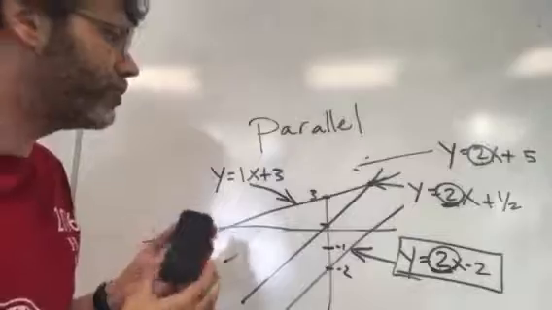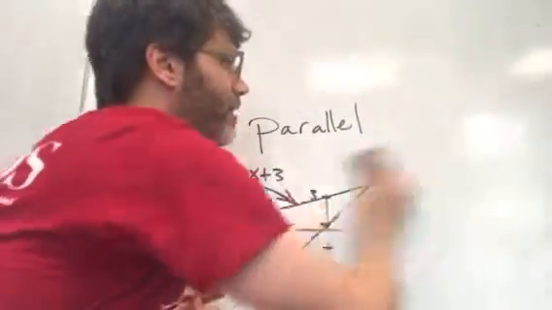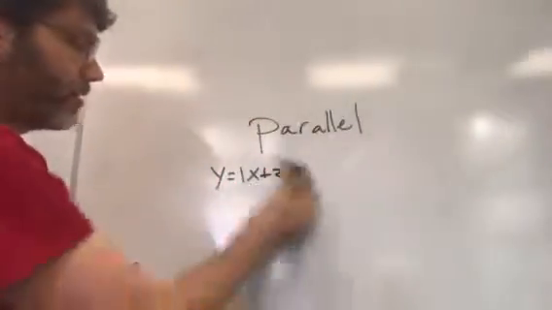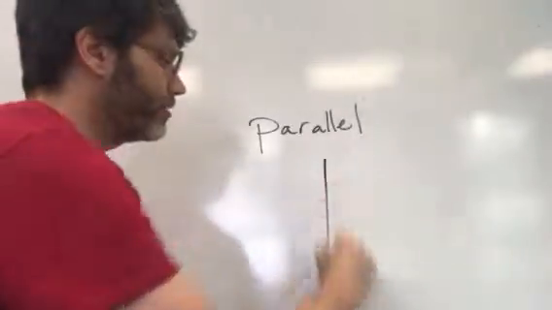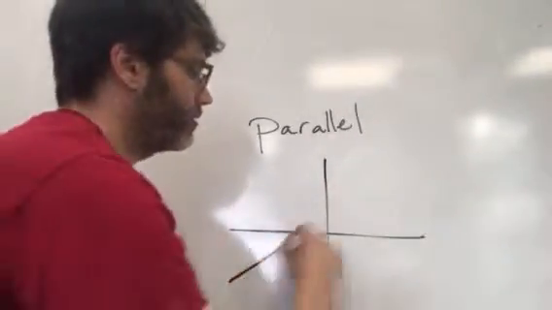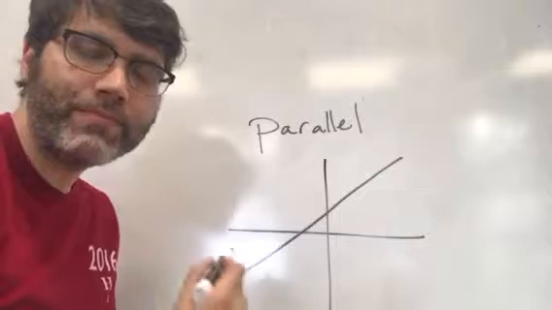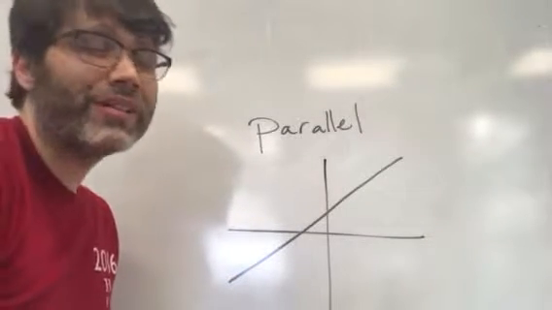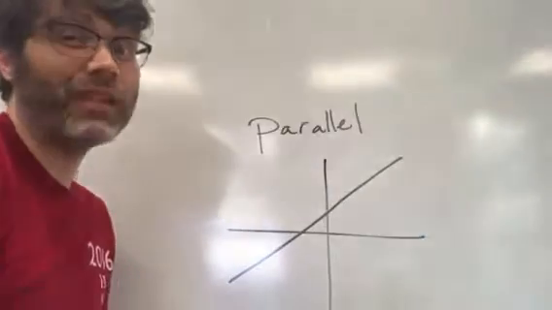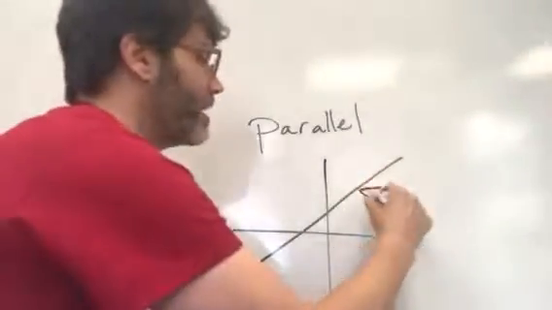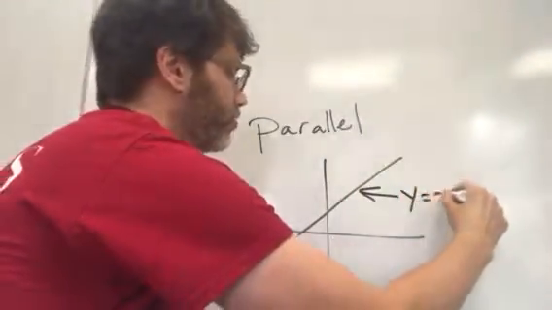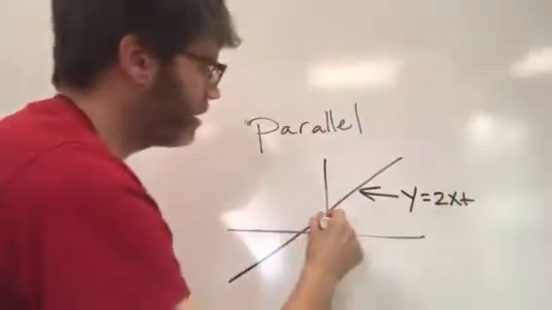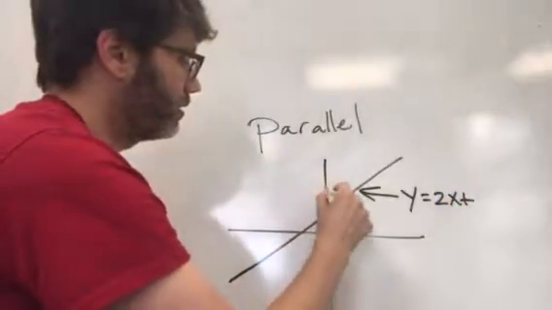All right, so the last thing that I want to talk about with parallel lines is if two lines have not just the same slope, but the same y-intercept, then they're not parallel lines, they're actually the same line. So let's say this is y equals 2x plus, let's say it goes through 1 right here.